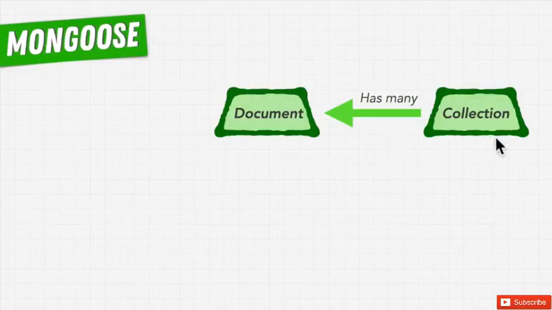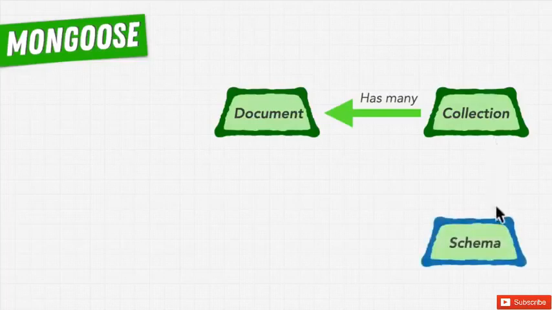And that's one of the things that Mongoose provides for us. Mongoose, here in blue, gives us these schema objects, which are tied to a collection in MongoDB. Each schema maps to the group of documents inside of a collection.